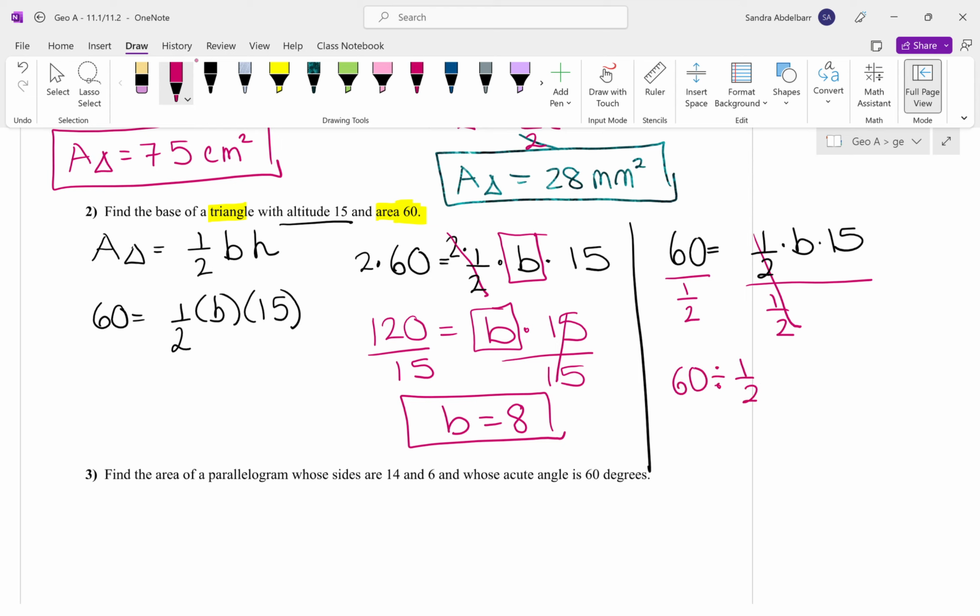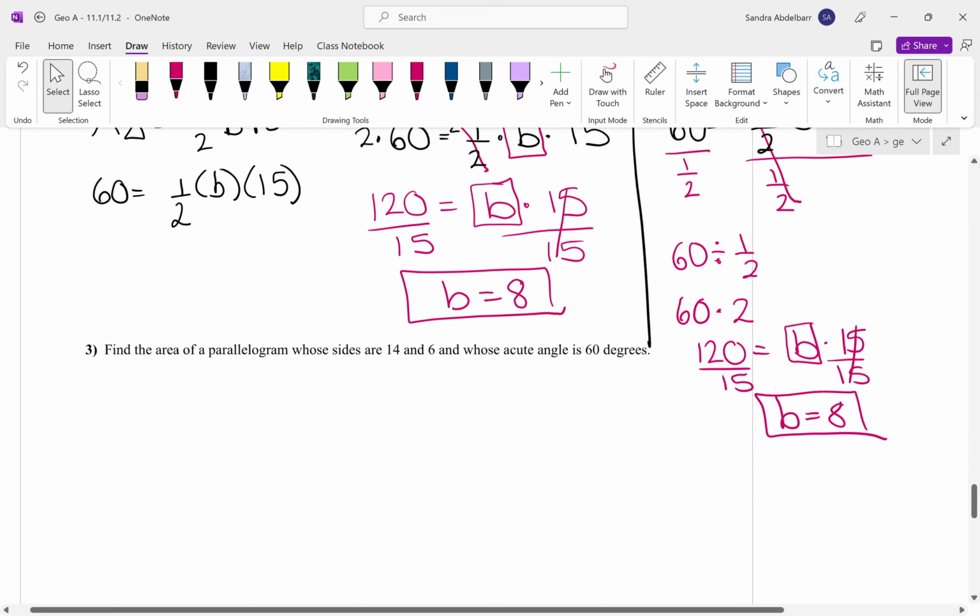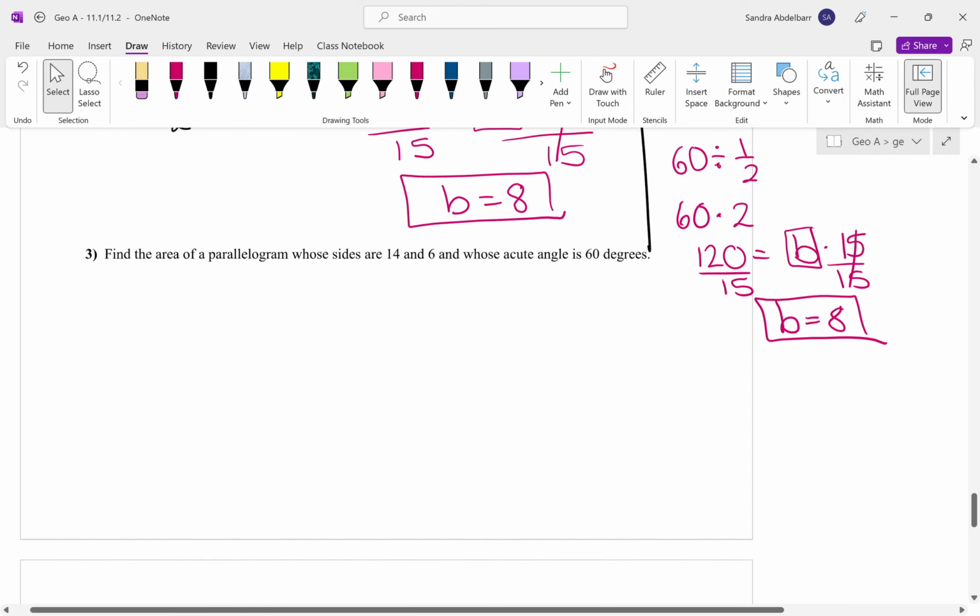But that would be 60 divided by a half. Keep, change, flip. So I essentially did divide by half, but I just shortcutted it and showed that I was multiplying by 2. So that's where we got the 120 equals b times 15. And then we divided by 15. See that? Okay.